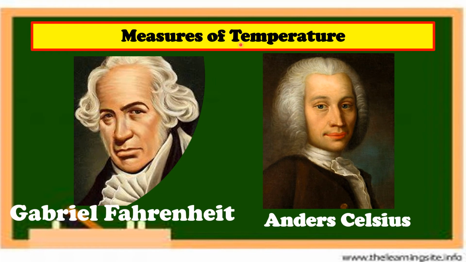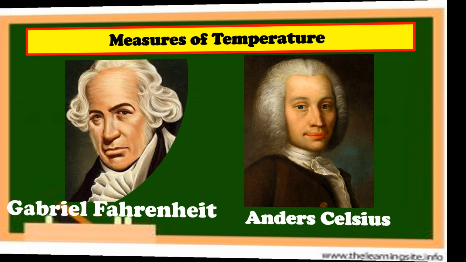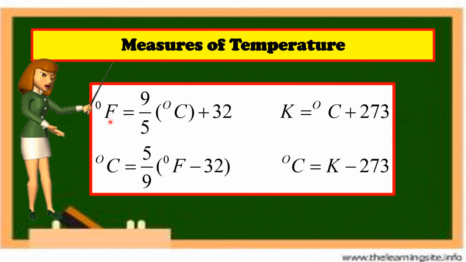We have measures of temperature. This is Gabriel Fahrenheit. Gabriel Fahrenheit developed the Fahrenheit scale, while Anders Celsius developed the Celsius scale. Degrees Fahrenheit equals 9/5 times degrees Celsius plus 32.